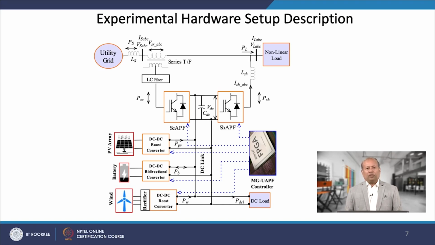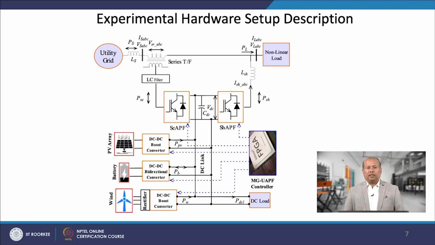The DC load shown is resistive in nature and connected to the common DC link. In the proposed system, the VSCs are mainly employed for the exchange of real power from the renewable energy sources to the grid.